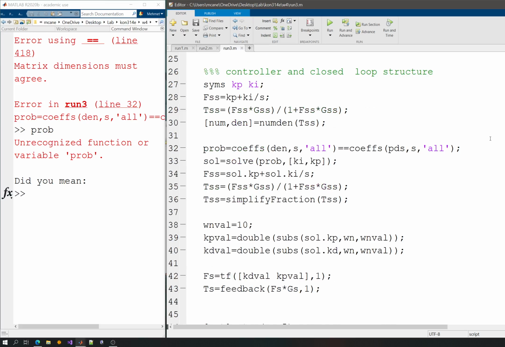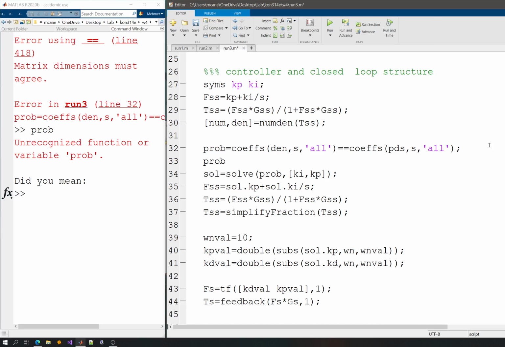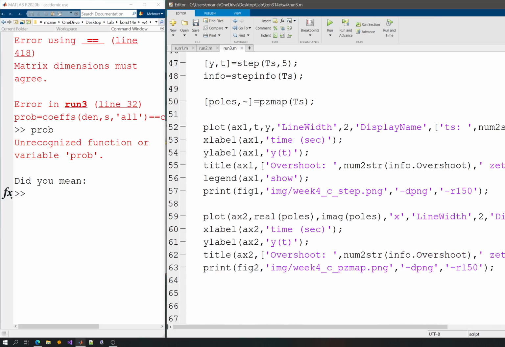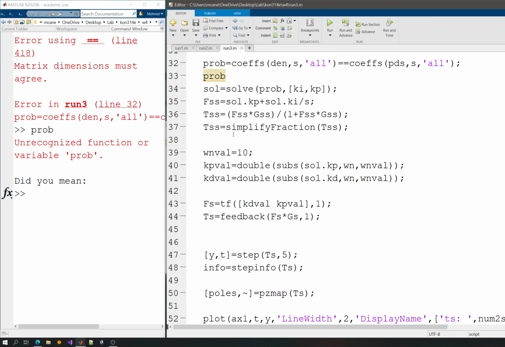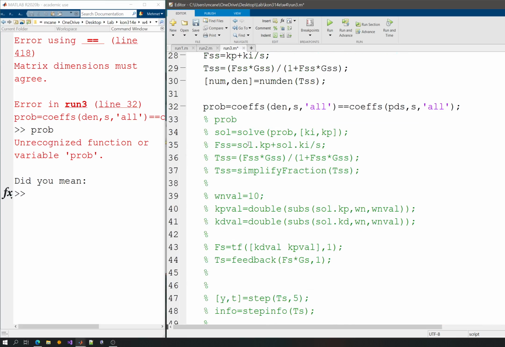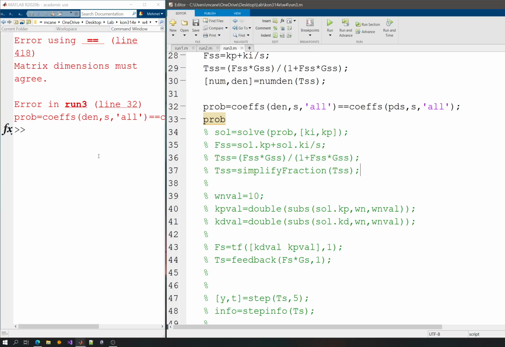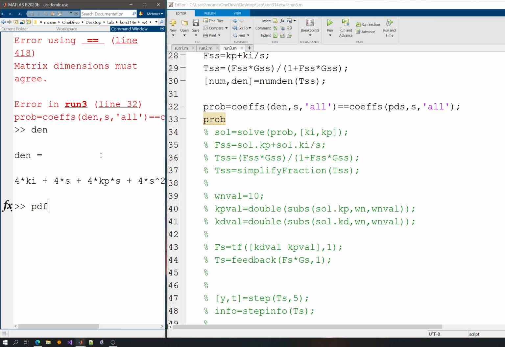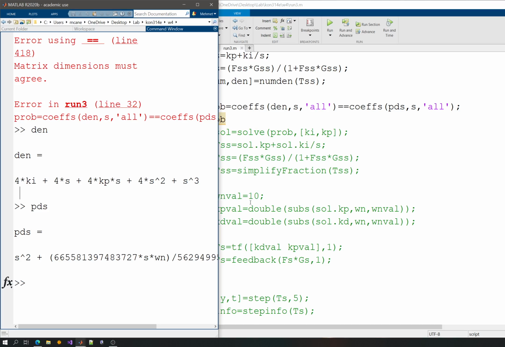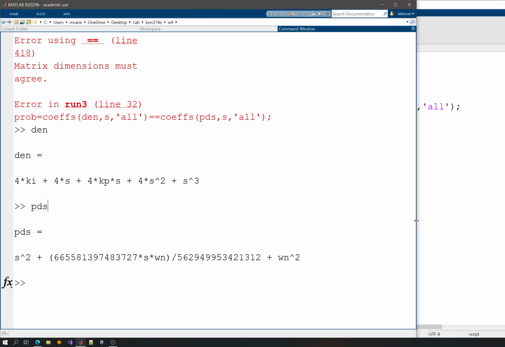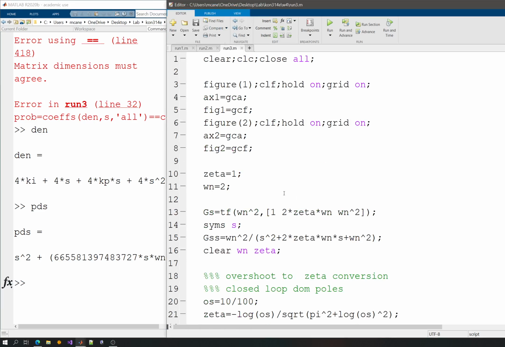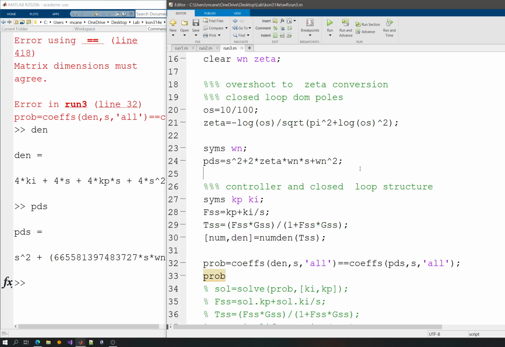Let's say problem here and run it again. We are not able to define it because we have some size issues here. One starts with s cubed, and I assume that the other one is just s squared. So I obviously have changed something around.